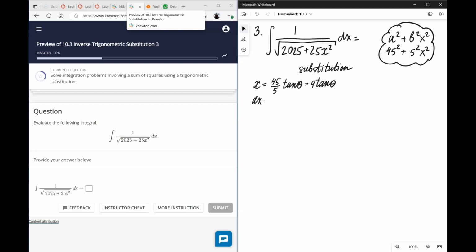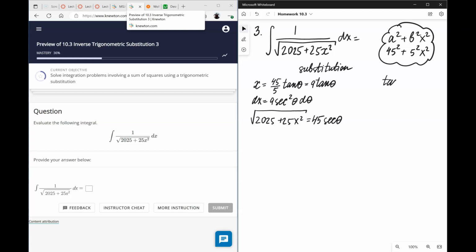So dx will be 9 secant squared theta d theta, and the square root of 25 plus 25x squared will be equal to 45 secant theta.